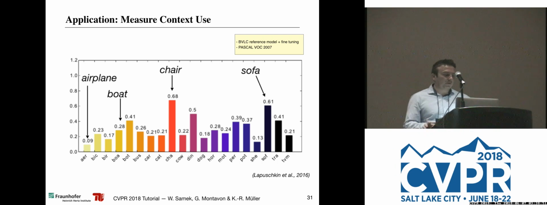Here we see that for airplane, context is not so important; the model really focuses on the object itself. For a class like sofa or chair, in indoor scenes where the images are much less structured and less clear, the model also focuses heavily on the context. So there seems to be a difference between categories in how much context is used.